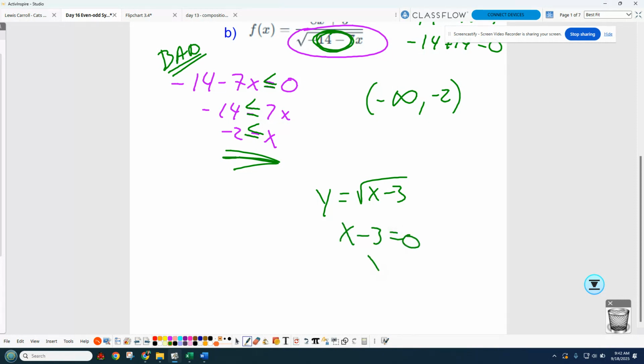So let's find when this is 0. So 3 is okay. Which direction do I go? Do I want numbers bigger than 3 or less than 3? Well, if I go to 4, 4 minus 3 is 1, square root of 1, that's okay. If I go to 0, if I go the other direction, 0 minus 3 is -3, that's bad. So that's a square bracket.